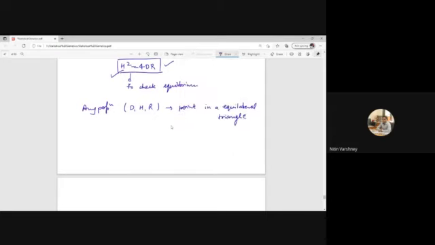Suppose this is my equilateral triangle. What is the meaning of equilateral triangle? Tell me. All sides are the same. So suppose I have taken these vertices y, x and z.